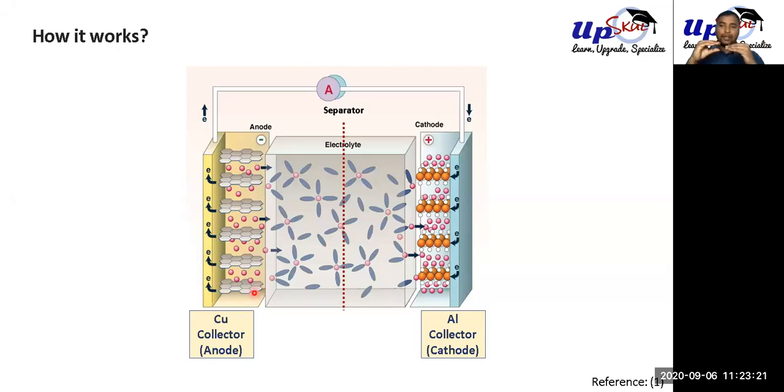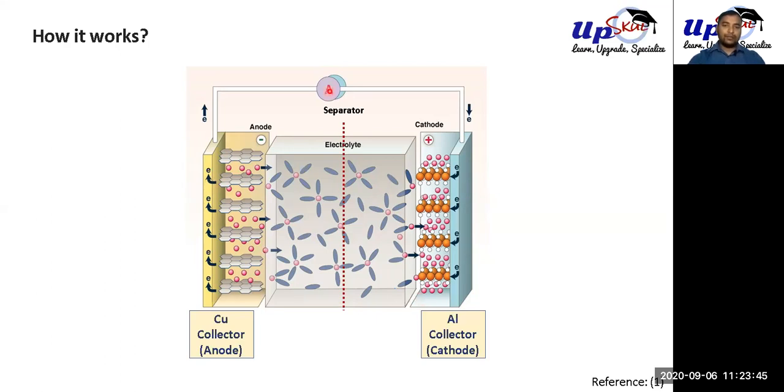As we know, graphite has parallel layers, and that's why we are using it. It can integrate lots of lithium atoms in between those layers. In order to charge this battery, right now there is no charge.